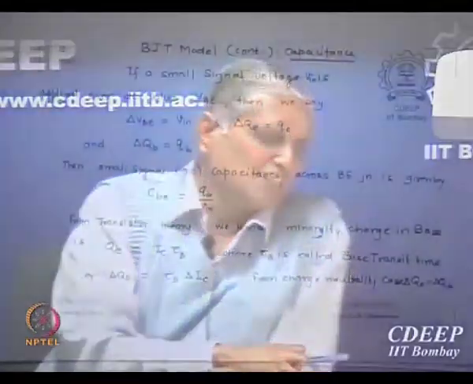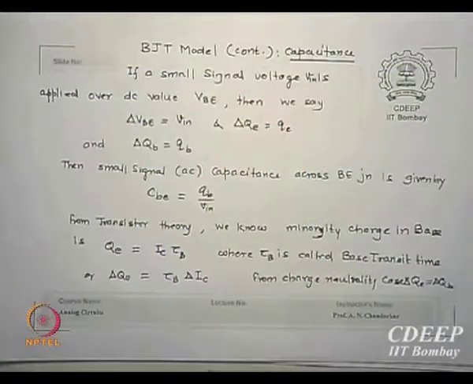Now the change in emitter charge is nothing but current times time, or Q by T is current. Is that correct? Charge by time is current. So the emitter current is received at the collector side through a transit time, called the base transit time. Remember, electrons are injected at the base emitter junction, transit through the base, and are collected.